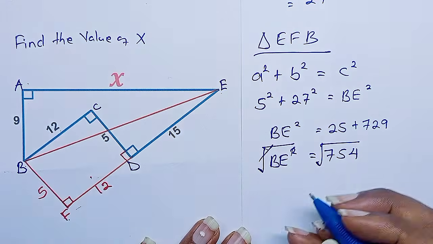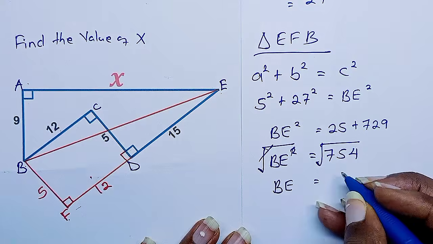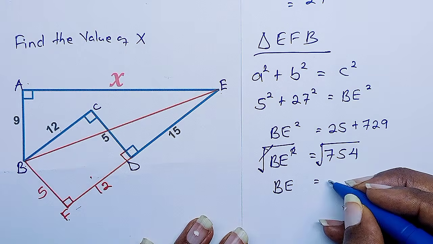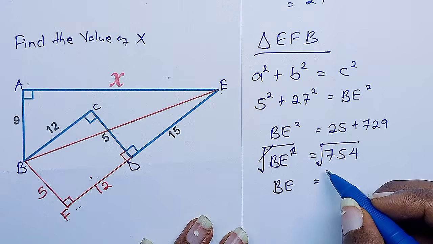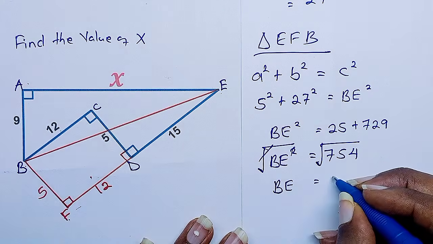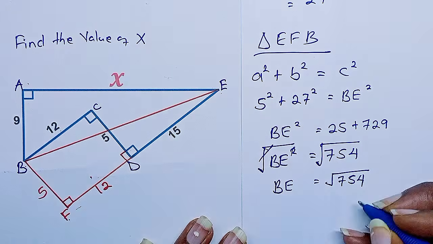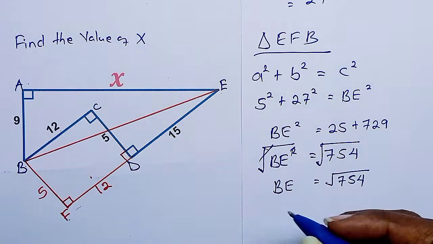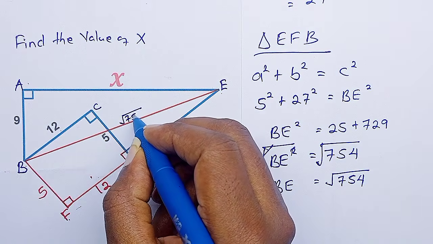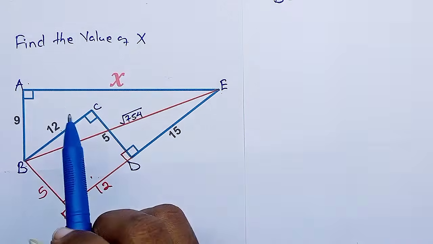So this cancels with the square root. So BE is equal to square root. We only take positive since BE is length. So it is equal to positive square root of 754. So this line BE is root 754.